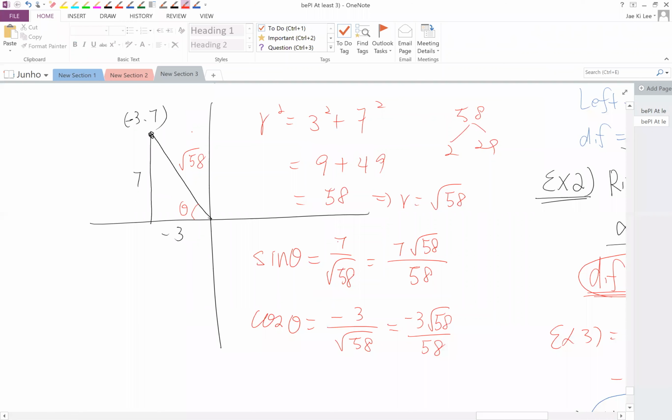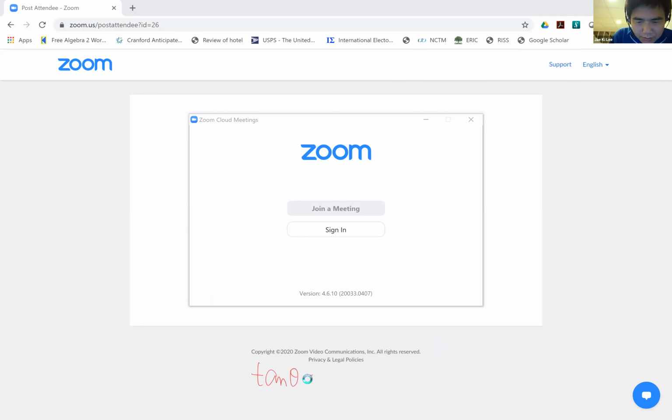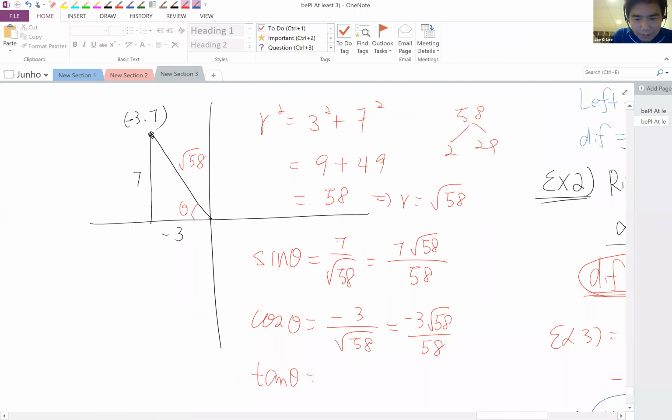Okay. So tangent theta becomes y over x. So 7 over negative 3. Okay. So based on that, we can also conclude on cosecant.